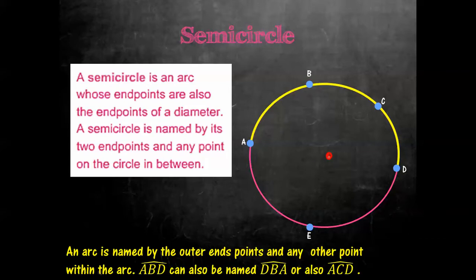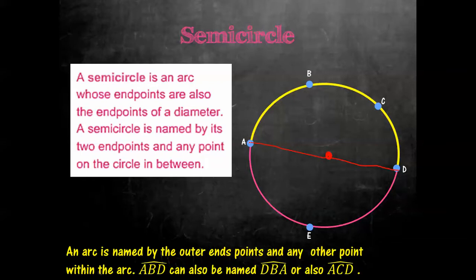So for example here on this one, if this line AD is a diameter, then we would name the semicircle by the 2 endpoints and then just any 1 point on the circle in between.